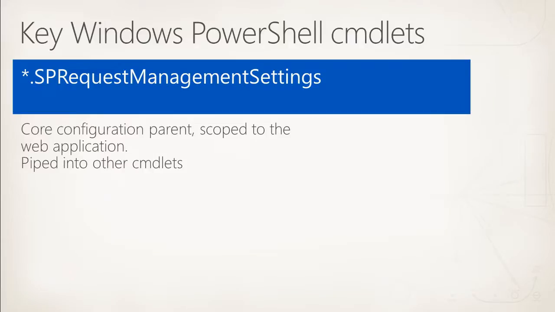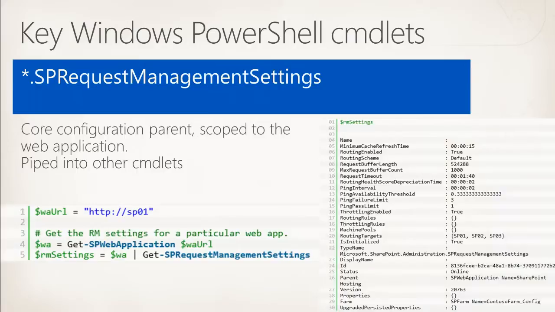This is our configuration parent. This is the guy that's scoped at the web app. So when we get one of these guys, we're going to pass in the URL of the web app, and that will give us our settings object, and we will then pipeline that into the other commandlets to make configuration changes. So this is the big daddy, as it were. You can just see an example there on the slide where I've got my web application.